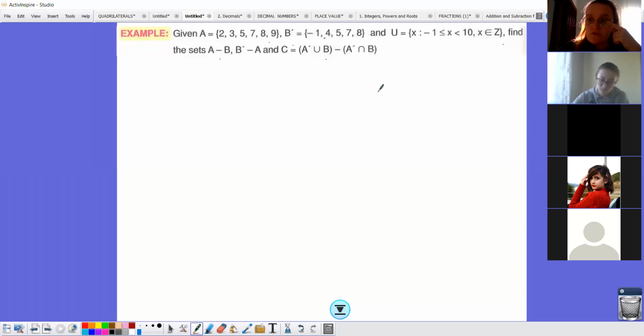The first thing you need to do is to write the elements of the universal set. Okay, and then it will be easier to find.